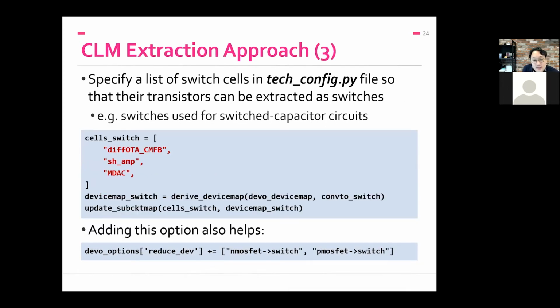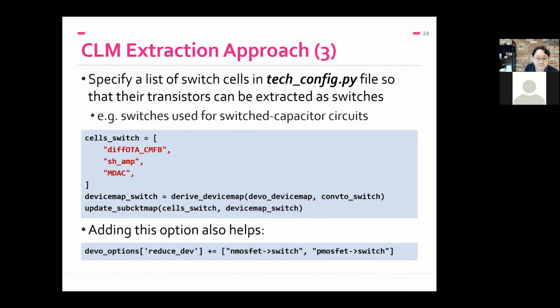You'll see later that this design contains switched capacitor circuits. In those cells, all the transistors are actually switches. They're not really transistors. In those cases, you can say to model all these transistors as switches. That improves speed. So there's a way of identifying cells whose transistors are all really switches.